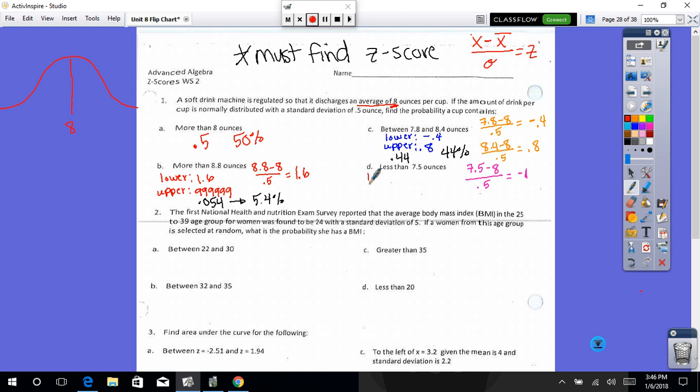In my lower, I'm going to put my unknown because I want to know how much lower it gets. What percentage is lower than that? I know what my upper value is. I don't want to know anything past 7.5 ounces, which was a z-score of -1.